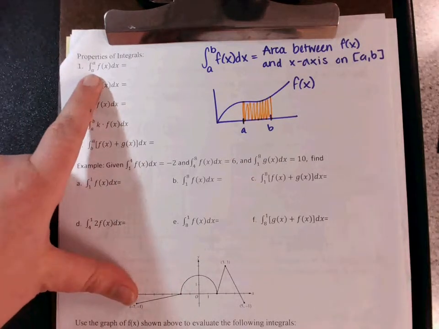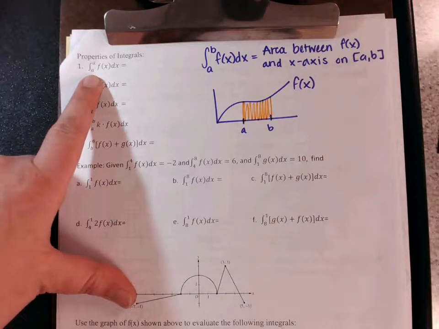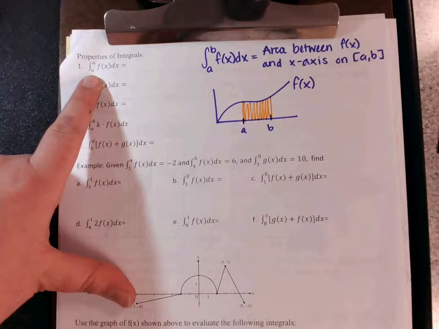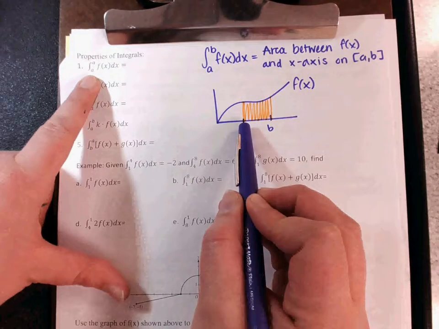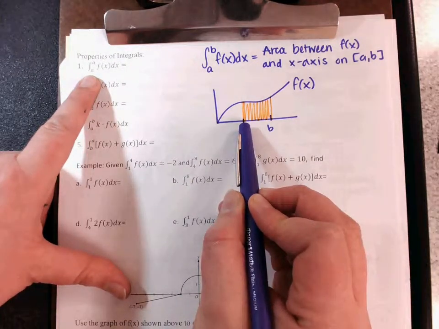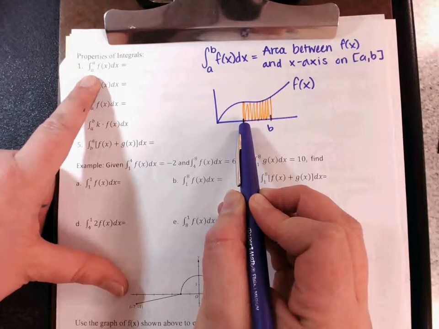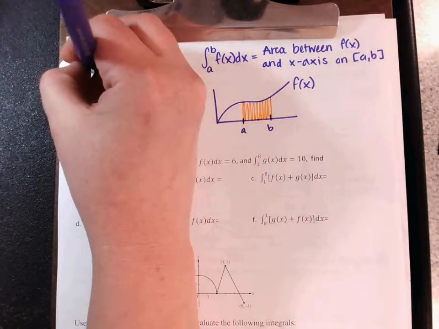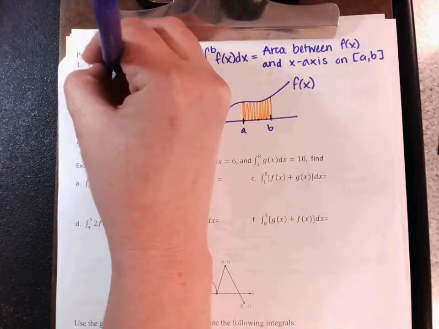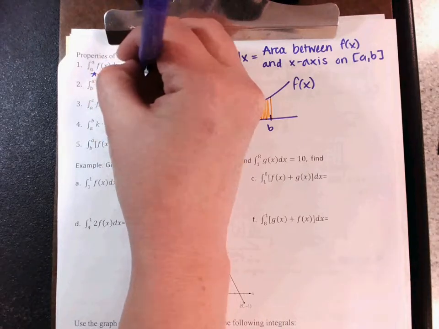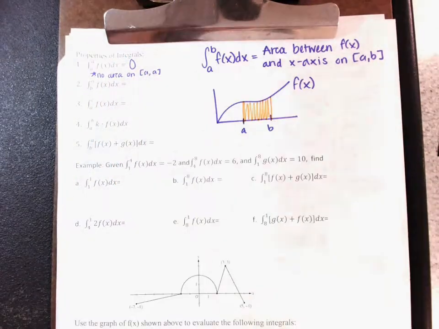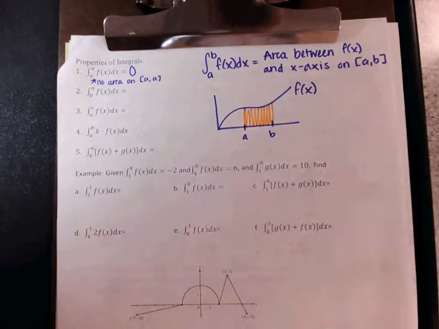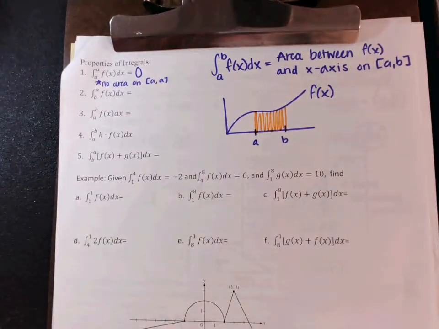What would the integral from A to A be? 0. That's correct, because you're starting at A and shading until A. You didn't shade anything. So this would be 0. I'm going to put a little star here because there's no area on A to A. That's not really an interval. It's too skinny to have any area between it.